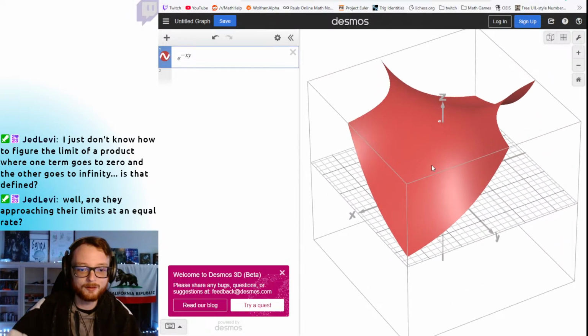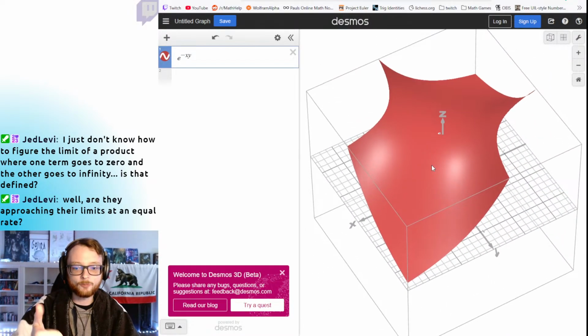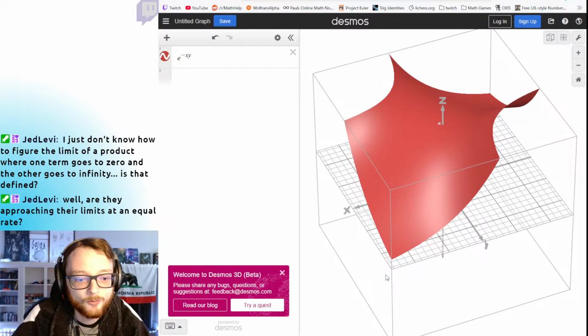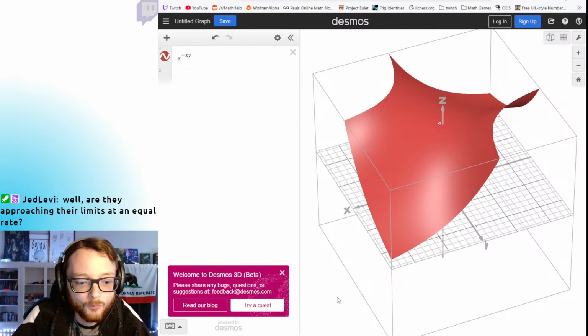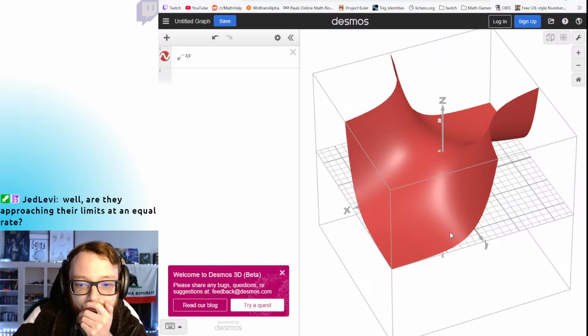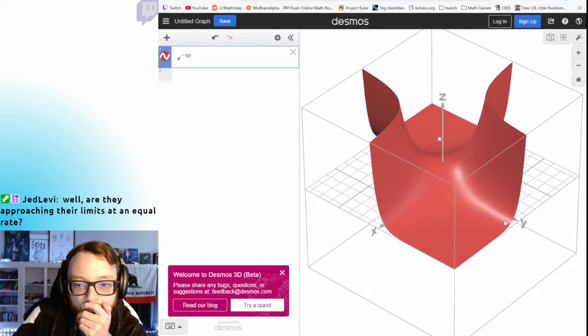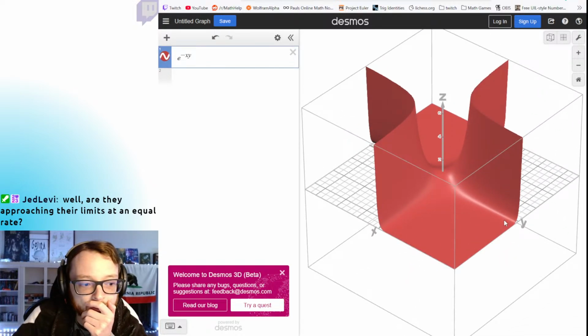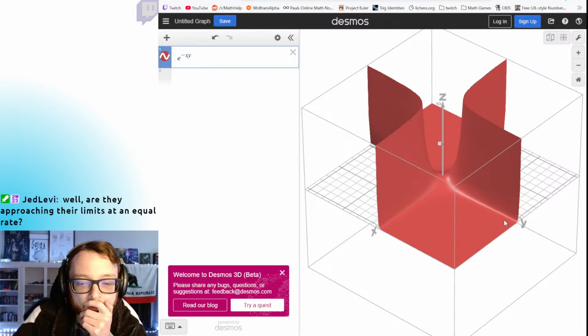Wait, no, that is right-handed. Okay. So we're letting x go to 0, y go to infinity. So looking along the y-axis at very large y values. And that's just blowing up to infinity. Really?